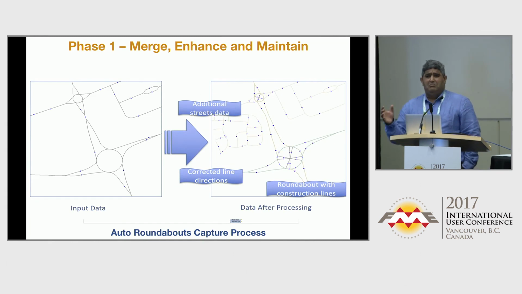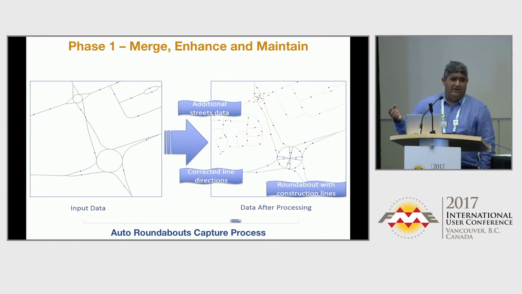Similarly, we built many processes where we derived or captured data automatically from our value-added streets. Like we built a process to capture divided roads or dual carriageways automatically, play with the one-way values, and correct the line direction. Here you can see on your left side is the input PSMA source data, and on your right side is the output that came out of this phase 1.